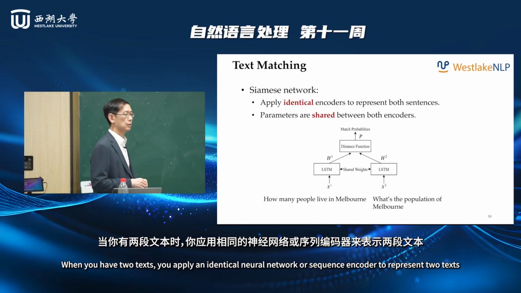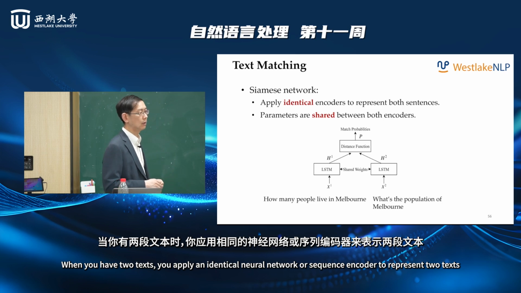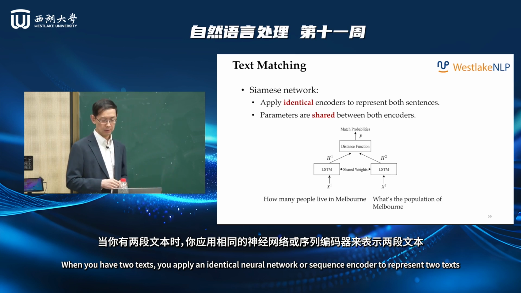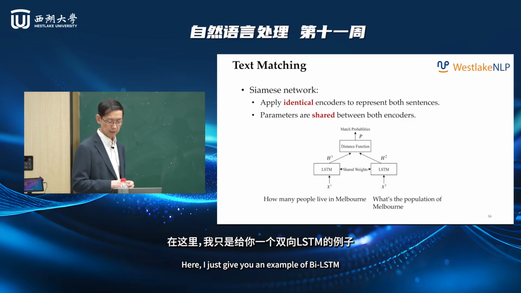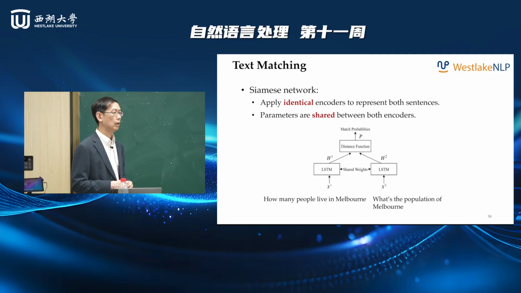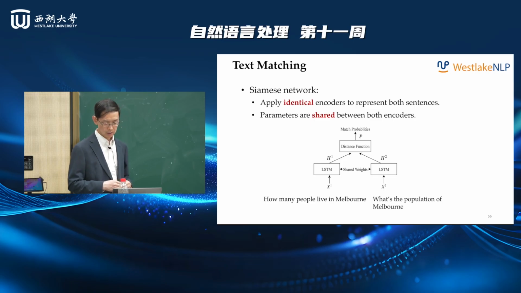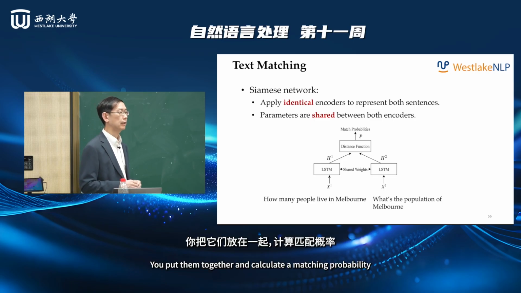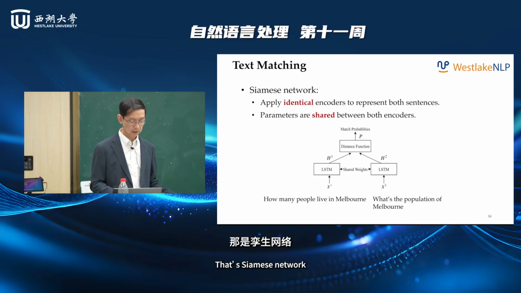When you have two texts, you apply an identical neural network or sequence encoder to represent the two texts. Here I just give you an example of BiLSTM, okay? And then you have a hidden state for the first one, you have a hidden state for the second one. You put them together and calculate a matching probability. That's a Siamese network.